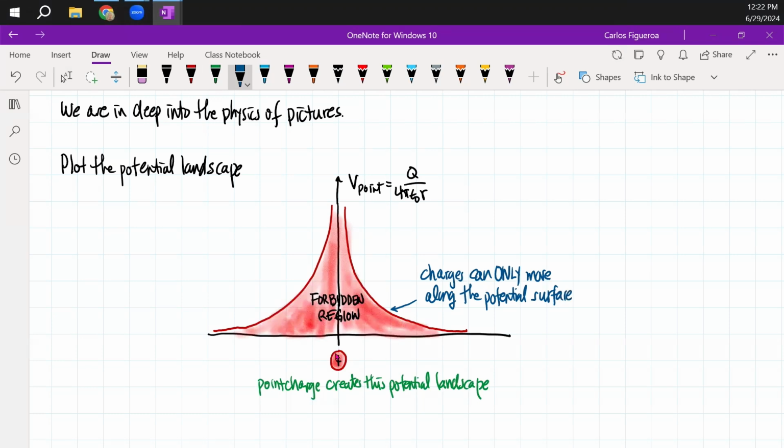And another thing you want to pay attention to is that r equals 0 tells me that the potential at this point here is infinite. And since we're plotting this relative to r, we also see that at r equals infinity, the potential of a point is equal to 0.